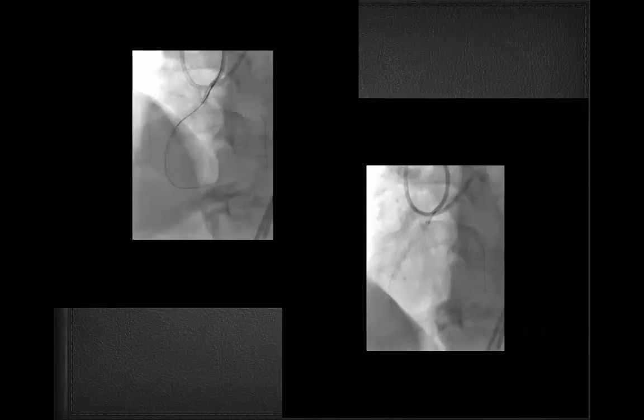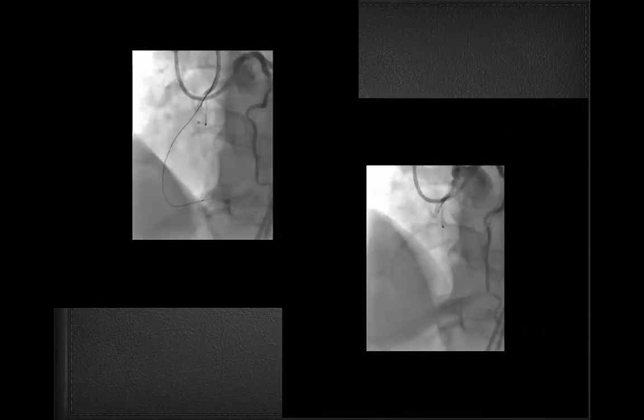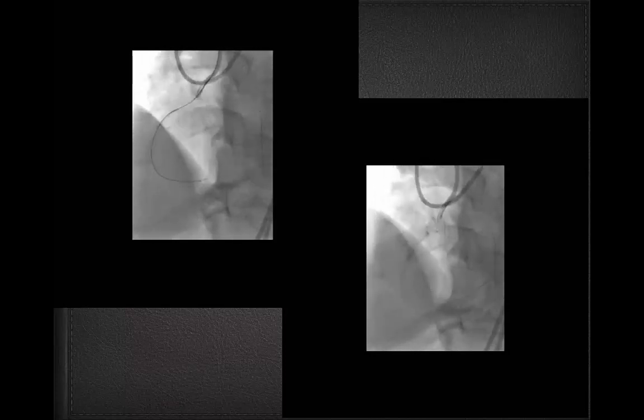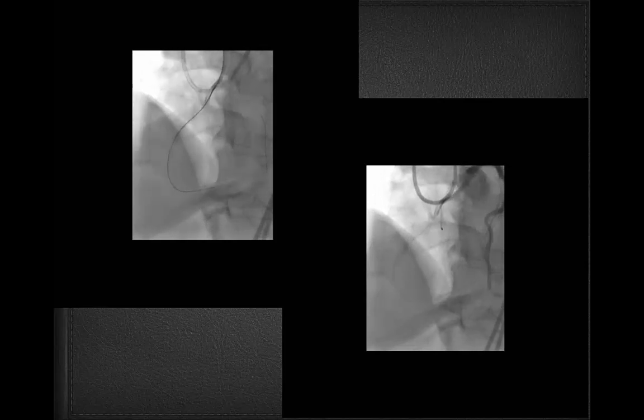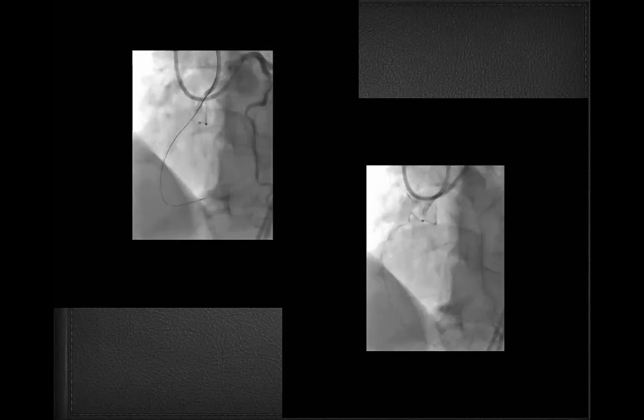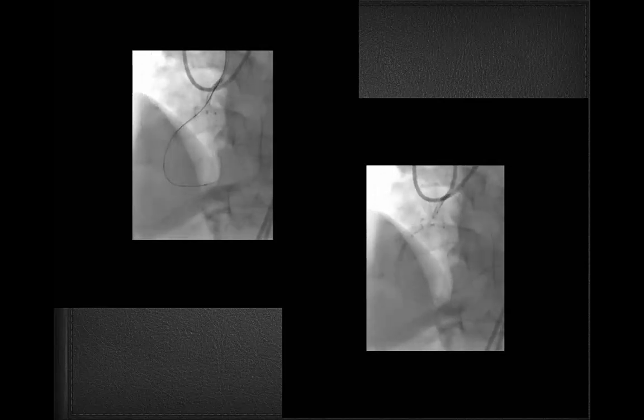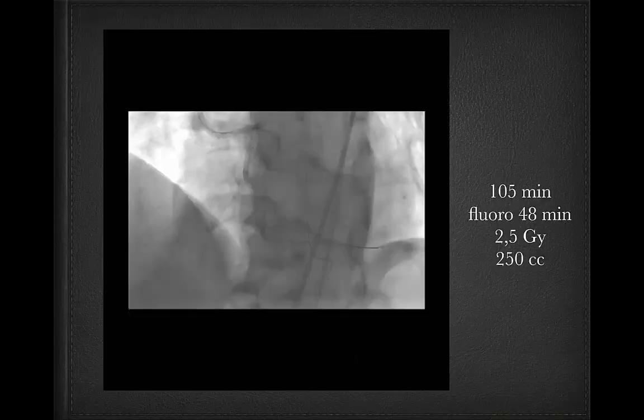So I am with my FineCross and just exchange for a Gaia Second, and the Gaia Second was able to cross inside the distal part, and then we finish the case with some post dilatation, and yes, this is the final result.